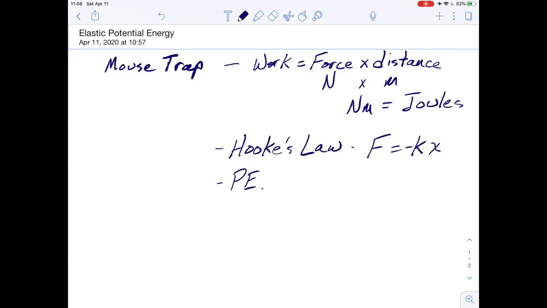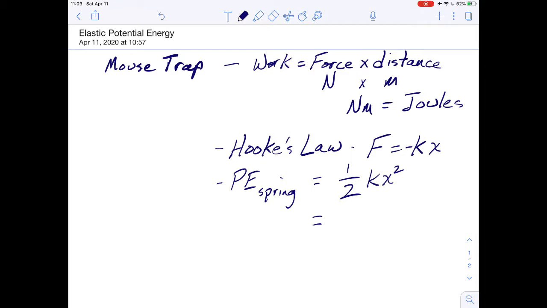Now, the potential energy of a spring can be determined from Hooke's law and the distance that you pull a spring. So knowing the spring constant and the distance you pull it, we end up with this formula. It should look kind of familiar, kind of like the kinetic energy equation.